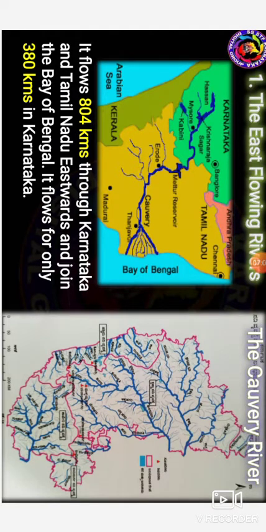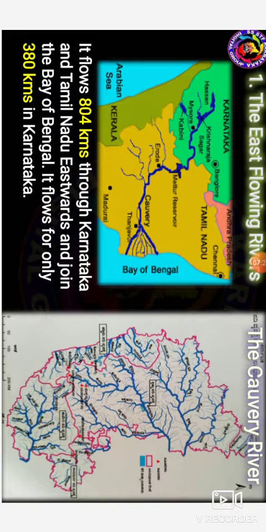Okay, look at that map. Can you identify the flow of this Kaveri River? Okay, look at the map. The Kaveri River flows through southern Karnataka.